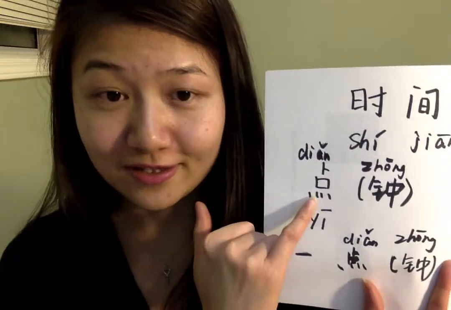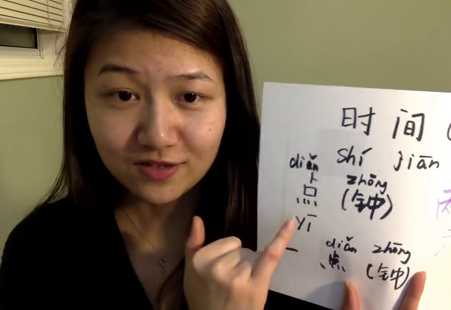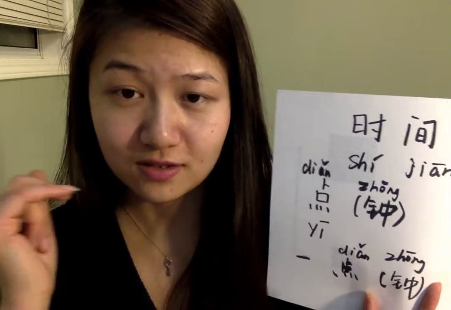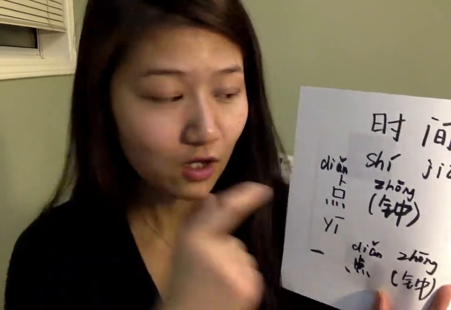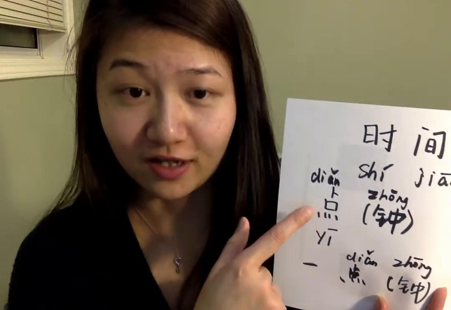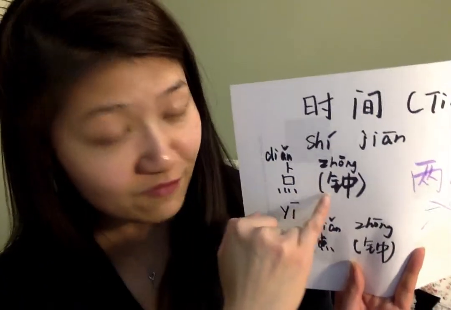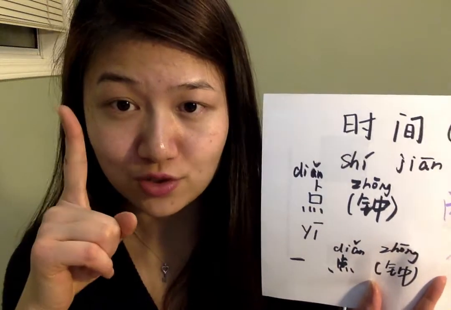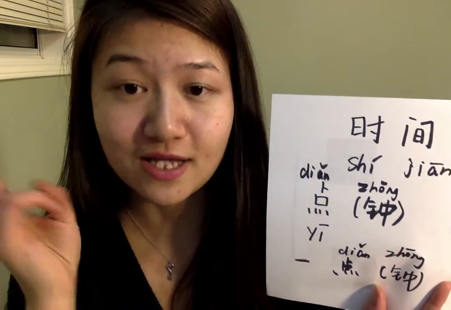So the basic thing that you need to learn in time is 点. So this one has so many meanings. So you can say dot. Dot is 点, or 点 is a clock. Okay, a clock. So here, if it's a clock, you can say 点钟, like 1点钟, 2点钟, 3点钟.